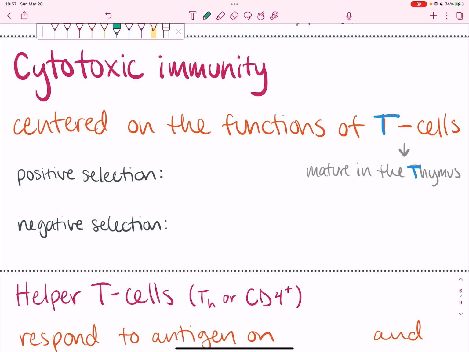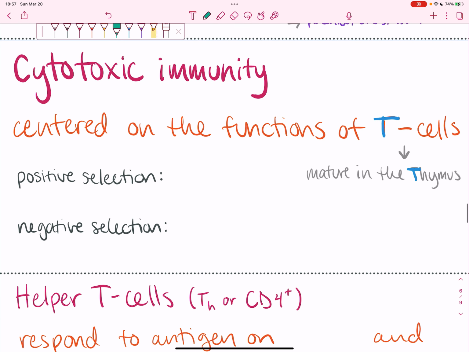Anyways, when T-cells undergo maturation in the thymus, they do so via positive and negative selection. Positive selection selects for T-cells that can react to an antigen presented on MHC.